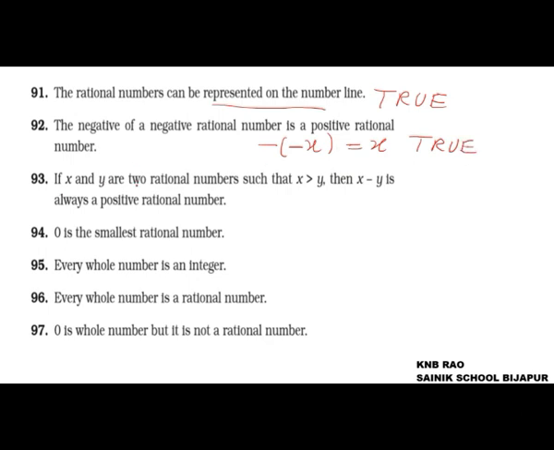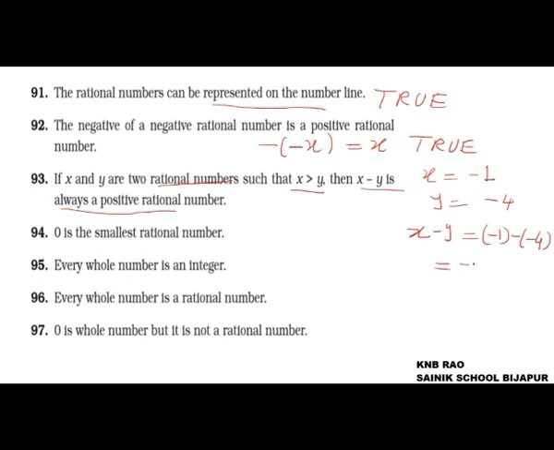Next, if x and y are two rational numbers such that x is greater than y, then x minus y is always positive. You can cross check whether it is true or not. Let us assume x as minus 1 and y as, here x must be greater, so I am taking y as minus 4. Now x minus y is minus 1 minus of minus 4.